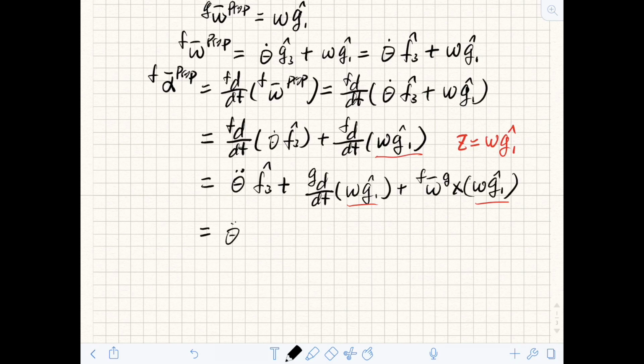And we know theta double dot F3 plus, if we're taking the derivative of omega G1 in the G reference frame, we have omega dot G1 hat.